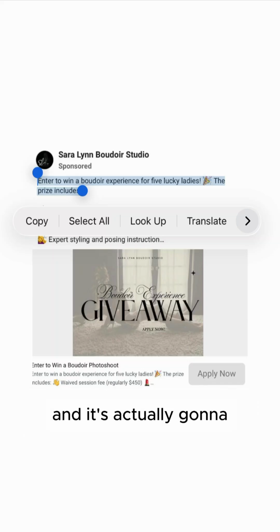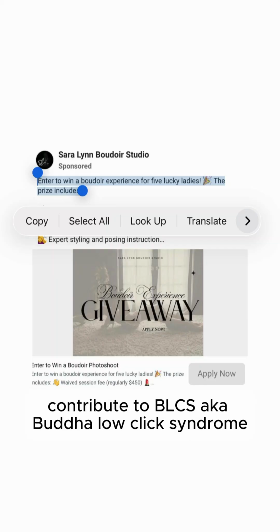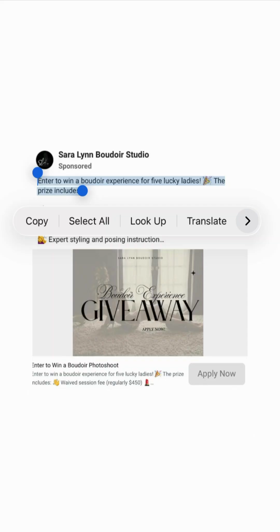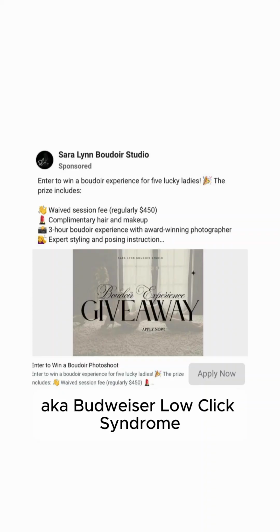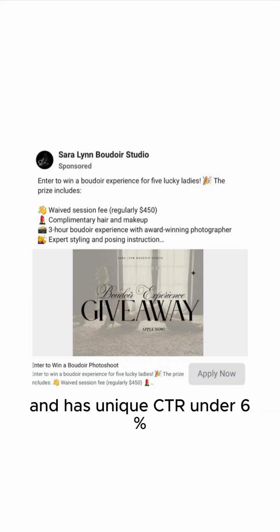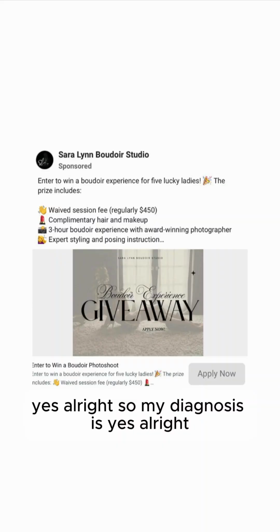And it's actually going to contribute to BLCS, aka boudoir low click syndrome. All right, so looking at this, do we believe this has BLCS, aka boudoir low click syndrome, and has a unique CTR under 6%? Yes. All right, so my diagnosis is yes.